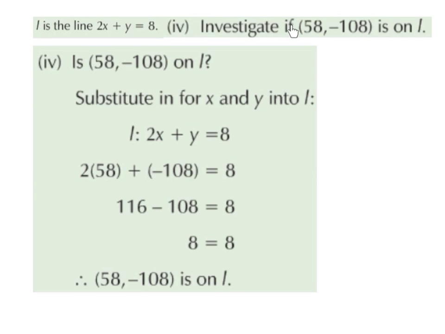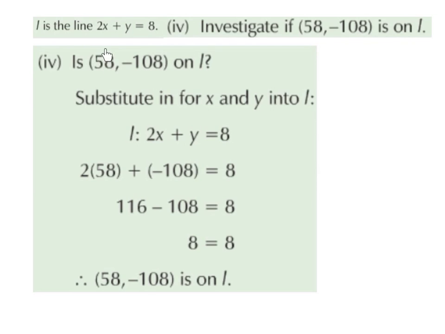Part 4. Investigate if 58, minus 108 is on L. So is 58, minus 108, is this coordinate or this point on the line L? So what we do is we substitute in for x and y into L. So this is our equation for L: 2x plus y is equal to 8.